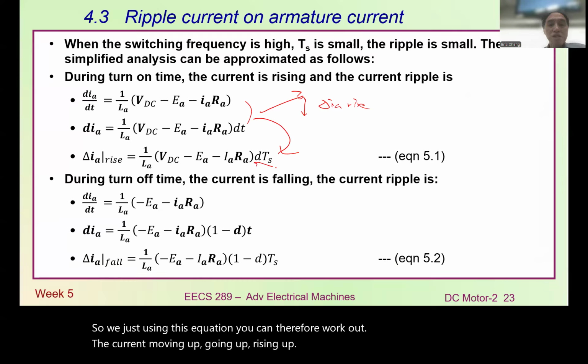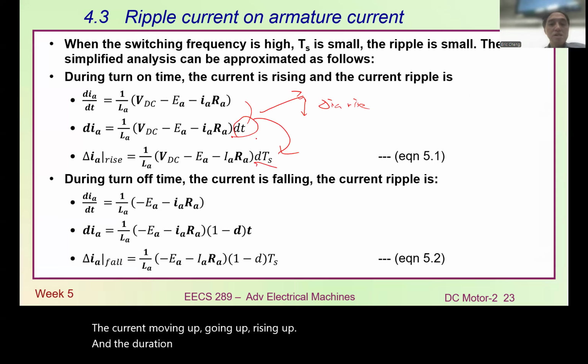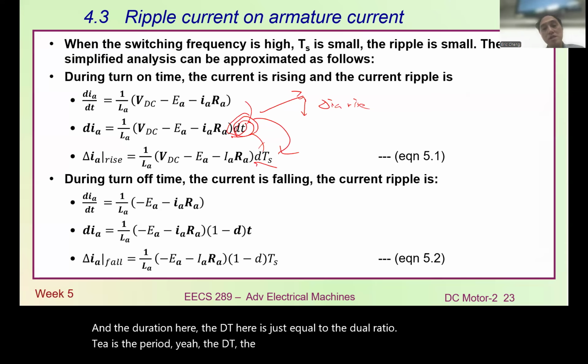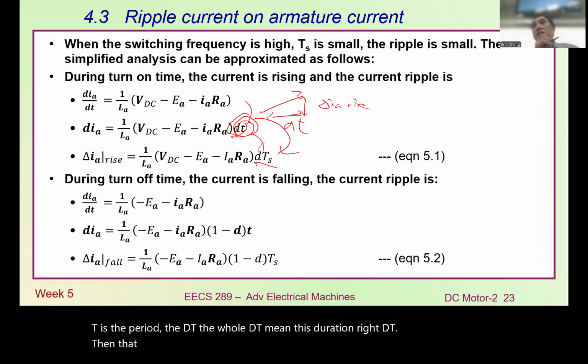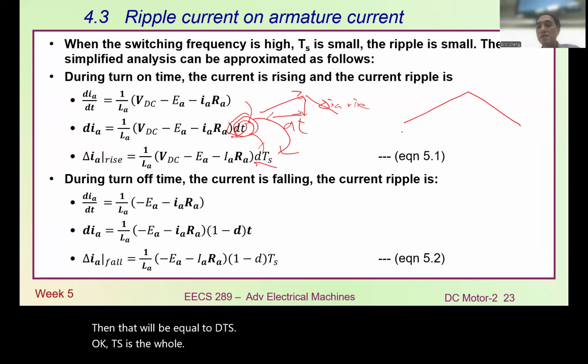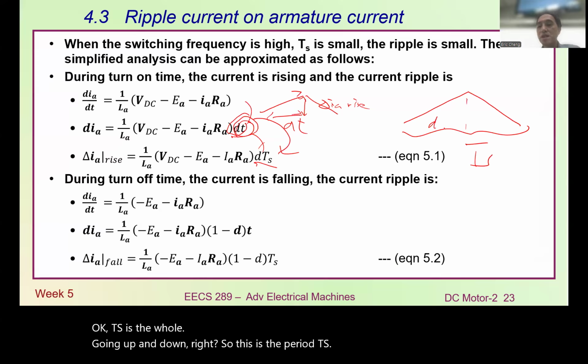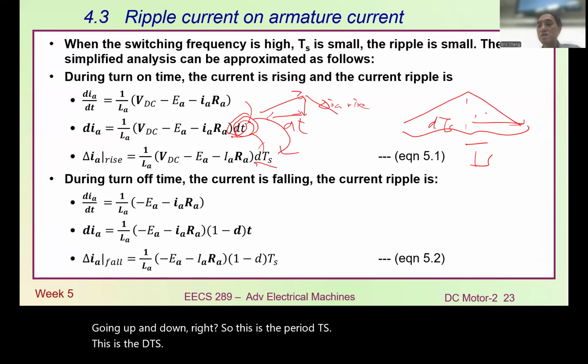And the duration here, the dt, is equal to the duty ratio times the period. Ts is the period, the whole going up and down. So this is the period Ts. This is DTs. So this is 1 minus D times Ts.